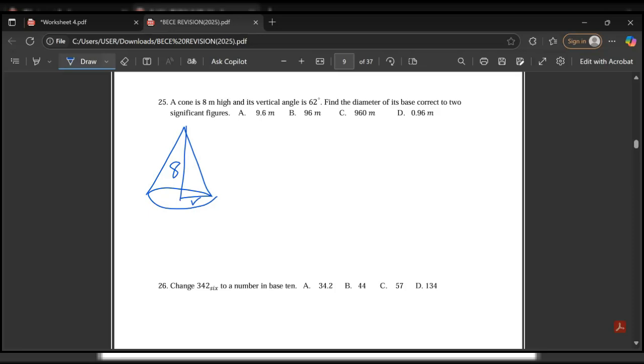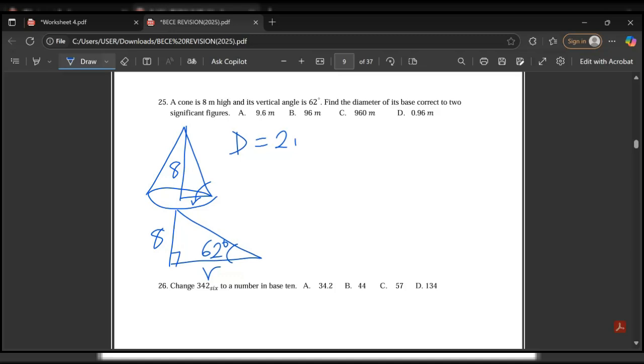The angle obtained is 62 degrees. If I bring out this right angle triangle, I'm going to have 8 here, the radius here, then 62 degrees here. We have to find the diameter of the base. Diameter is 2 radii.